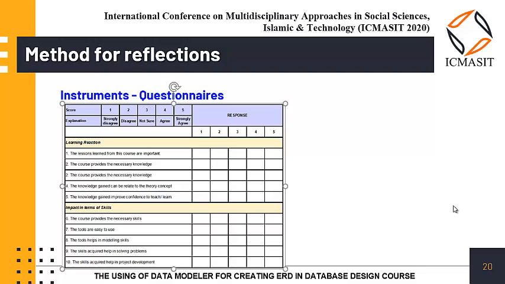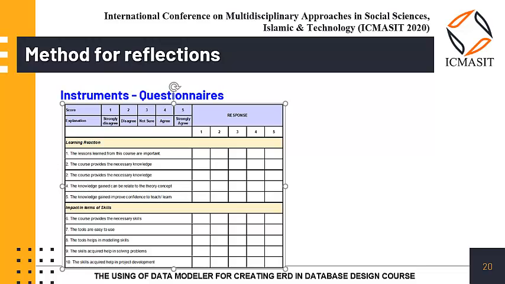The questionnaire consists of 10 questions, and I use a 5-point scale to check the performance of my participants, starting from 1 for strongly disagree until 5 for strongly agree.